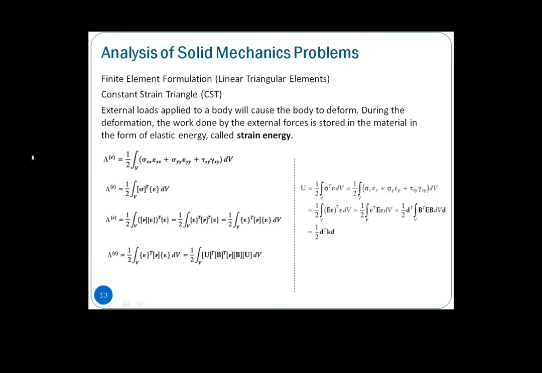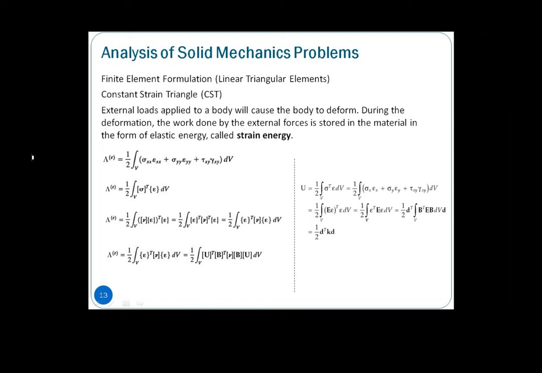From the strain energy itself, we find the minimum total potential energy, which is basically the difference between the strain energy and the work done by the external loads. That is our minimum total potential energy method, the energy method that we have used.